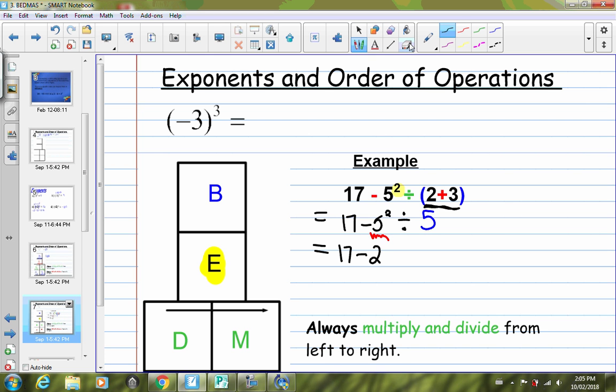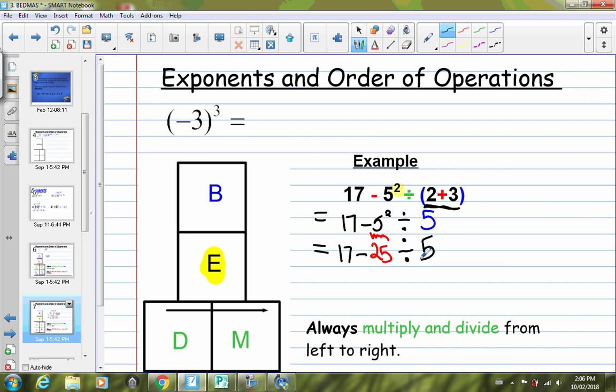Put that in my calculator, and I get 25 divided by 5. Okay, so I've taken care of the E. I got rid of my exponent. So again, I'm writing out the entire equation each time. I'm only changing one piece of the equation.